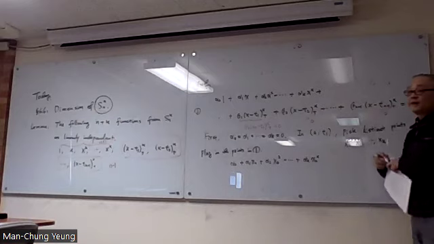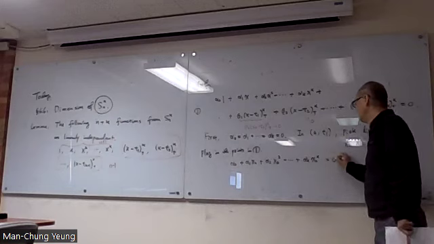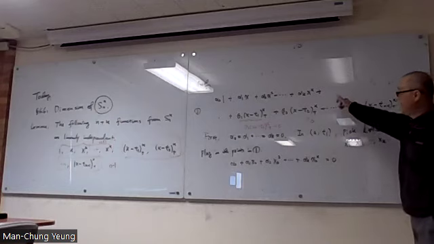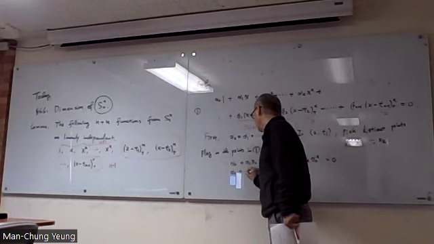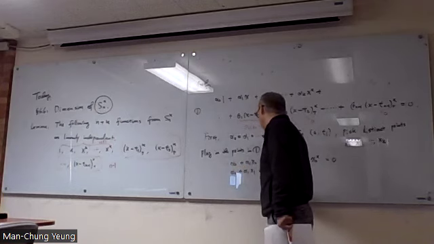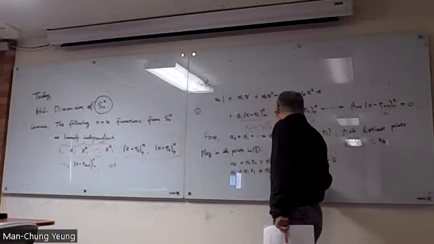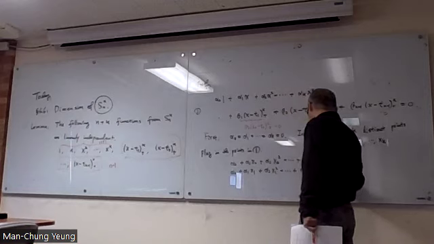So this equation becomes 0. Similarly, plugging x1 in, we get alpha 0 plus alpha 1 x1 plus alpha 2 x1 squared, up to alpha k x1^k is 0.